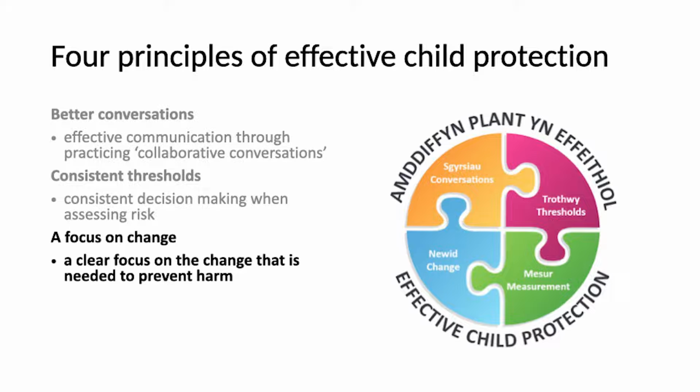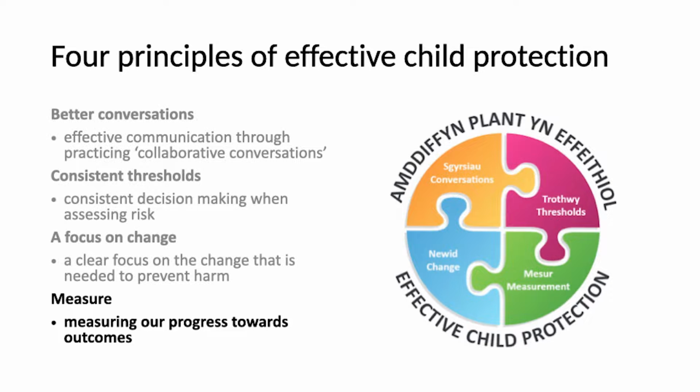Thirdly, practice that focuses on change, focuses on the change necessary to achieve good enough care, change that is linked to the risk of significant harm, keeping focus on this change and clearly communicating it to families. And lastly, practice that measures its progress in achieving change, so that families have an understanding of the journey, their successes, and clarity about what still needs to be done.